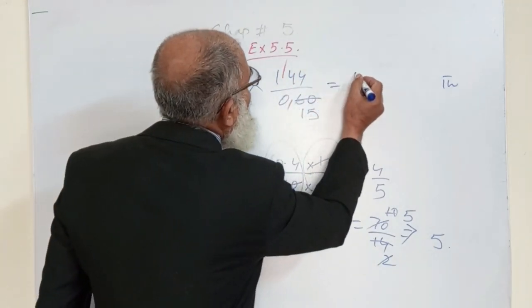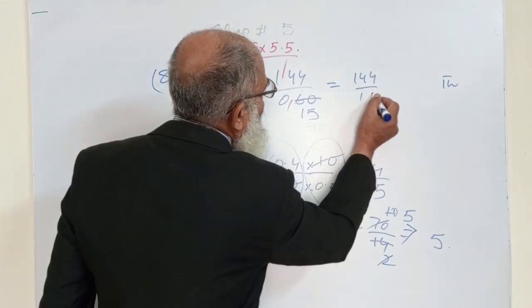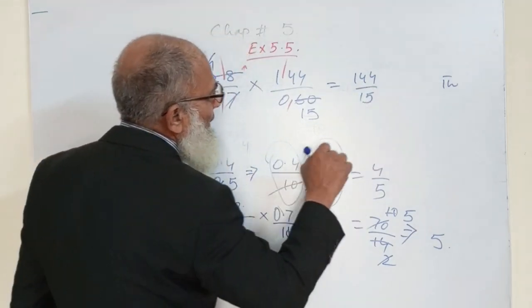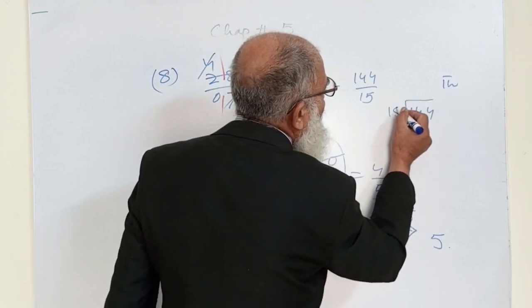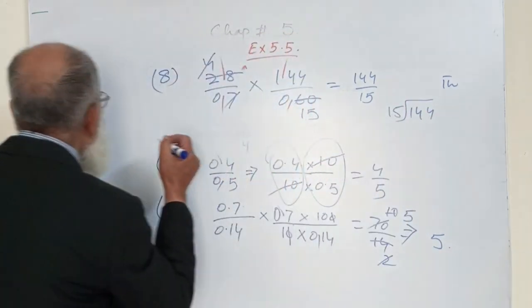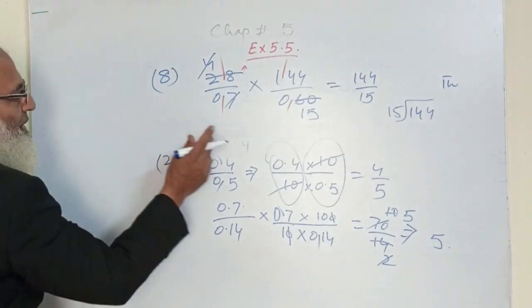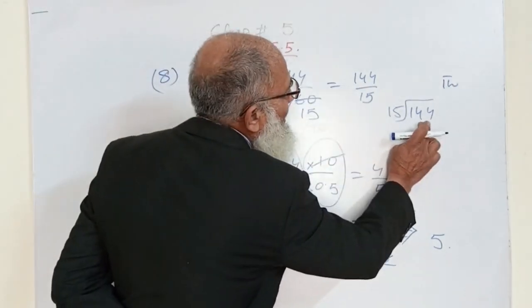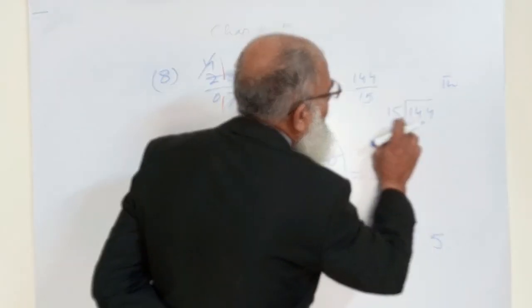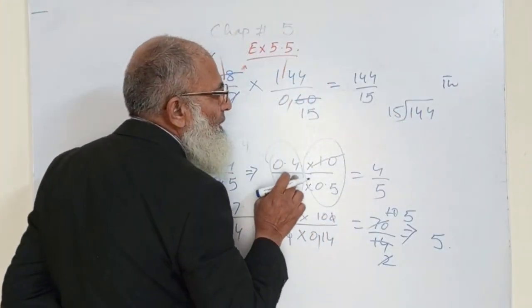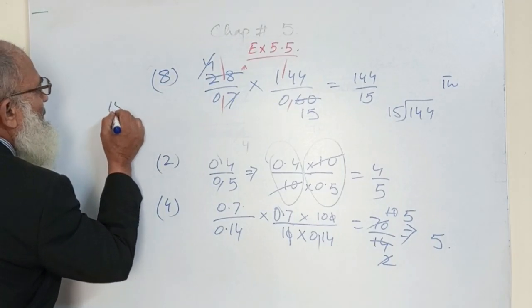So it will become 144 divided by 15. You can take it like this, 144, 15. 15 9 times. You can see easily that 15 10 times would have been 150, so it is not possible.